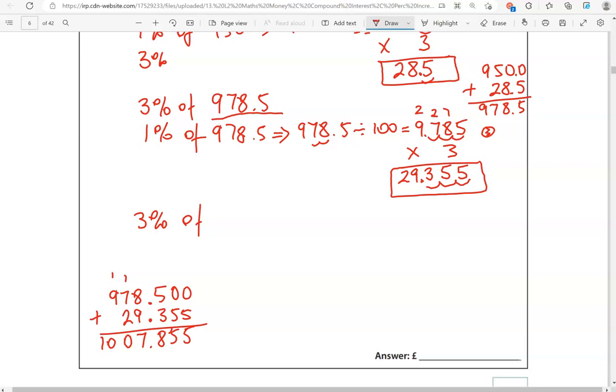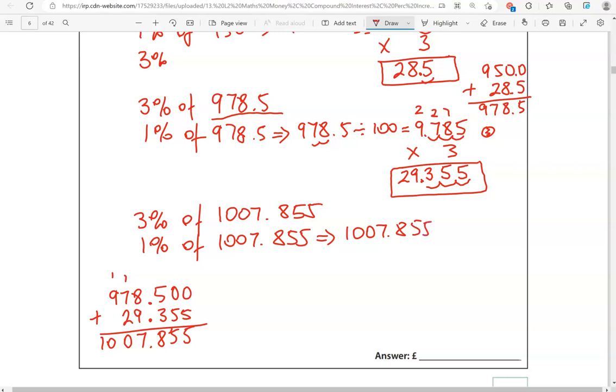We're going to work out 3% of that. So again, 1% of 1007.855 is worked out by doing 1007.855 divided by 100.